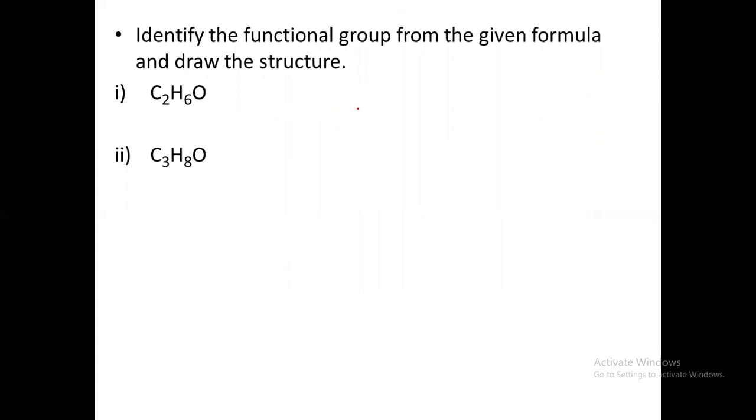Before that, we know what CH4 is, right? Methane, where carbon is connected with 4 hydrogen atoms. It's a pure hydrocarbon because only carbon and hydrogen are present in it.